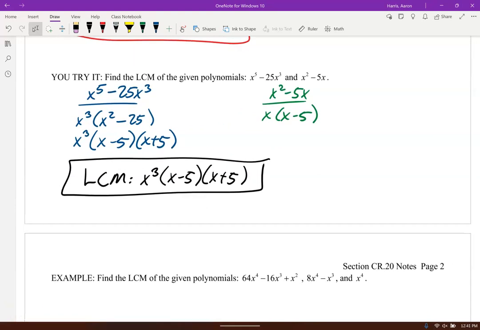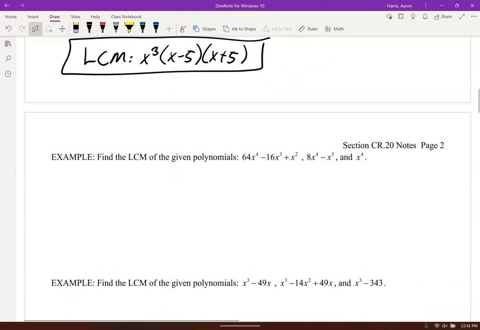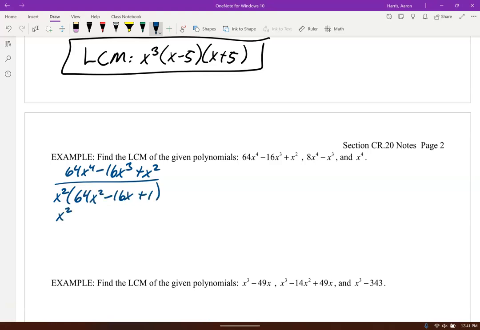And let's move on to the next one. You can pause that if you need to take a look at that. All right, so here's our first one. We actually got 3 polynomials on this one, but let's go ahead and factor out an x squared here. I got 64x squared minus 16x plus 1, and that'll keep factoring. Notice that's 8x minus 1 times 8x minus 1.